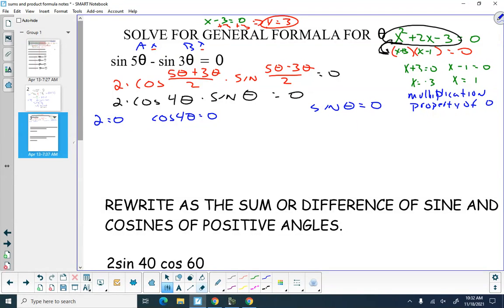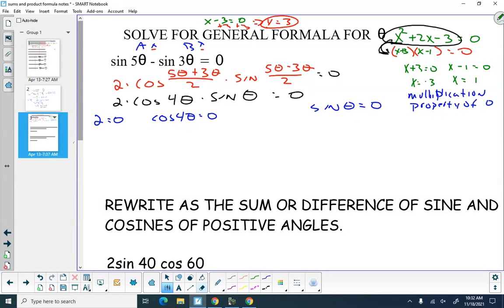If I have things being multiplied together to equal 0, one of those things must equal 0. Just like up here, we set each factor equal to 0 and we solve.